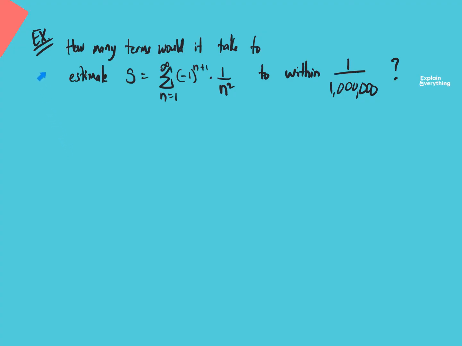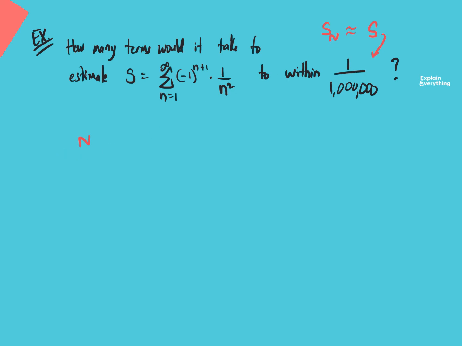All right, for the last example, this is the type of problem where we say how many terms would it take to get a partial sum that estimated the infinite sum of the series to within 1/1,000,000th of a unit. Well, n is how many terms it would take so that the partial sum will estimate the infinite sum to within 1/1,000,000th of the actual value. So find n.